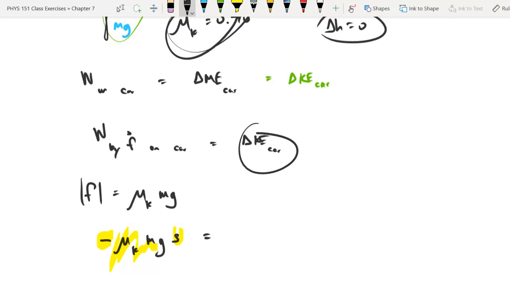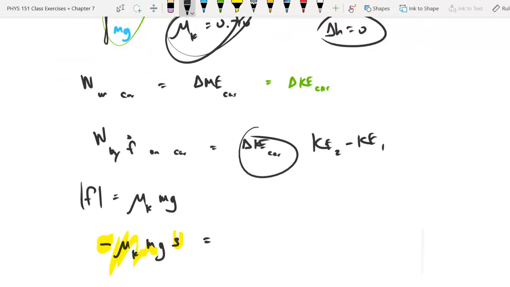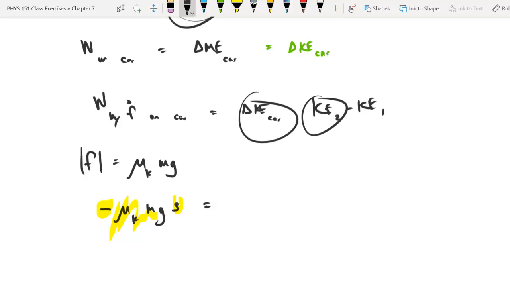Remember, change is always final minus initial, so this is the kinetic energy at position 2 minus the kinetic energy at position 1, right? So I can expand this out. This is 1/2 m v2 squared minus 1/2 m v1 squared.